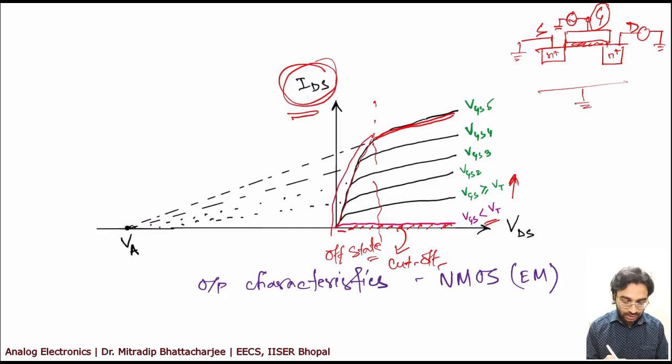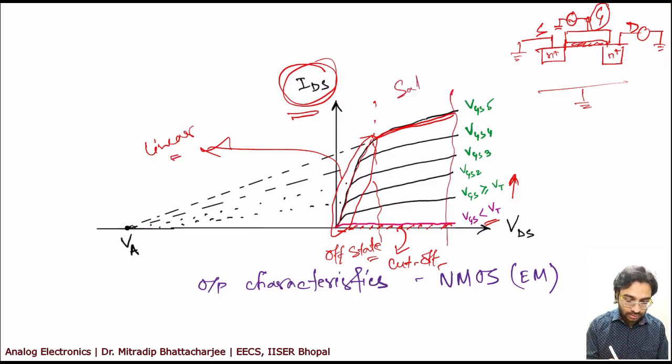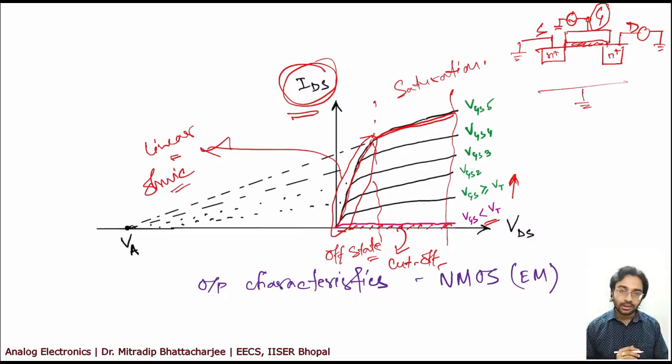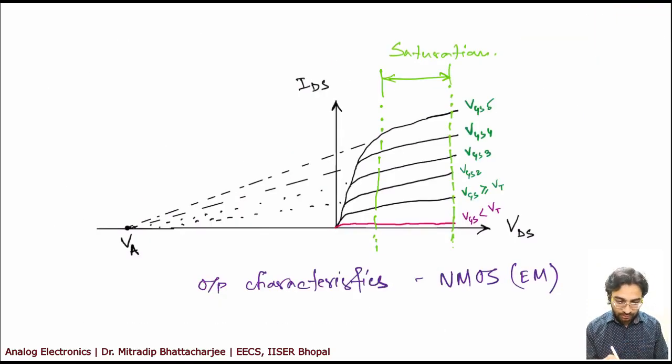So this region is known as linear region, okay, and this region is known as saturation region. Okay, so we will operate in the saturation region. This region is more or less a straight line, so somebody may say ohmic in nature. Okay, however we are more interested in the saturation region. So I have shown here this part is saturation region and this part is linear.